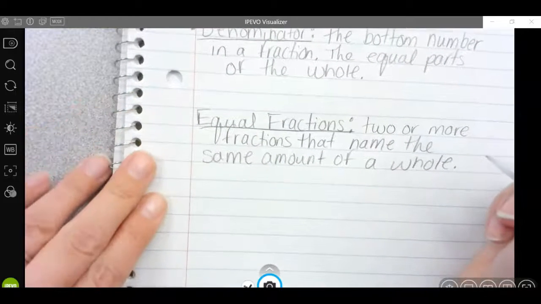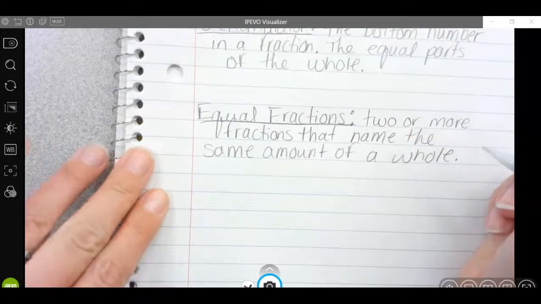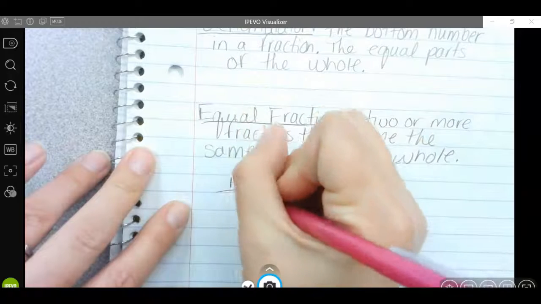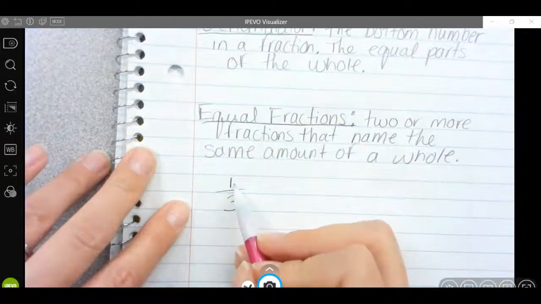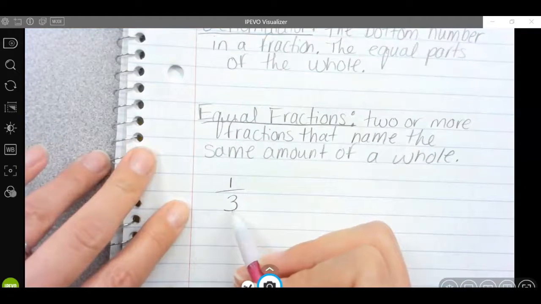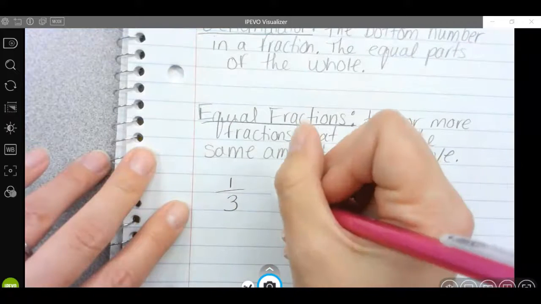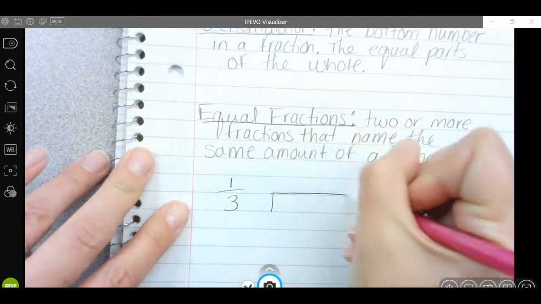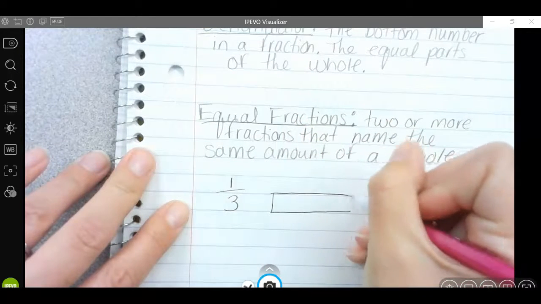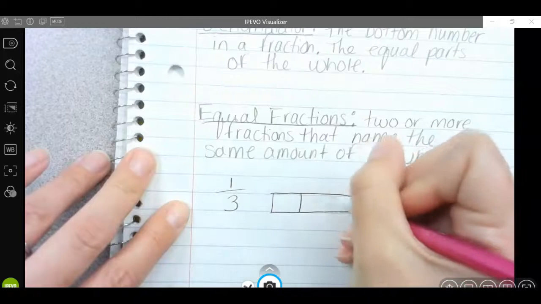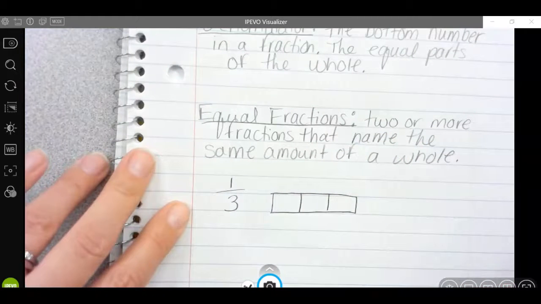It's always easier to figure this out or understand when we draw an example. So I'll go back to my 1/3. Again, the 1 is my numerator. D standing for down, 3 is my denominator. This means that I'm going to draw 3 parts. 1, 2, 3. Okay?